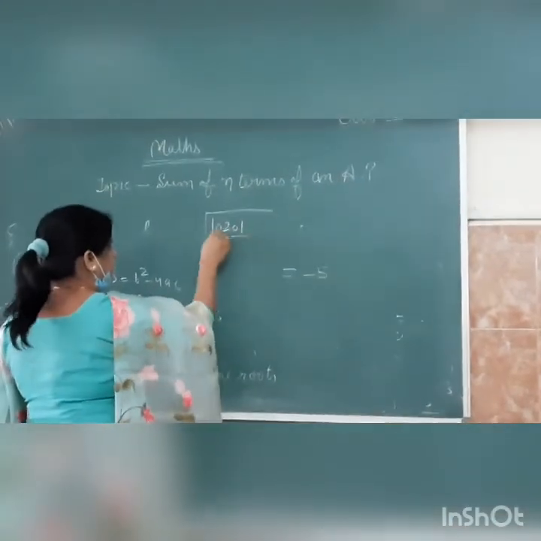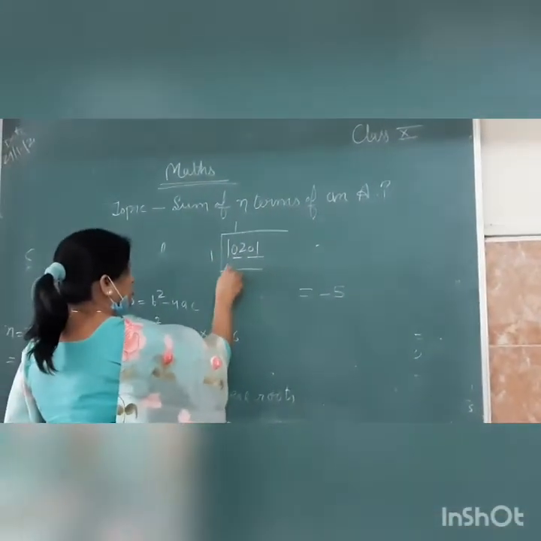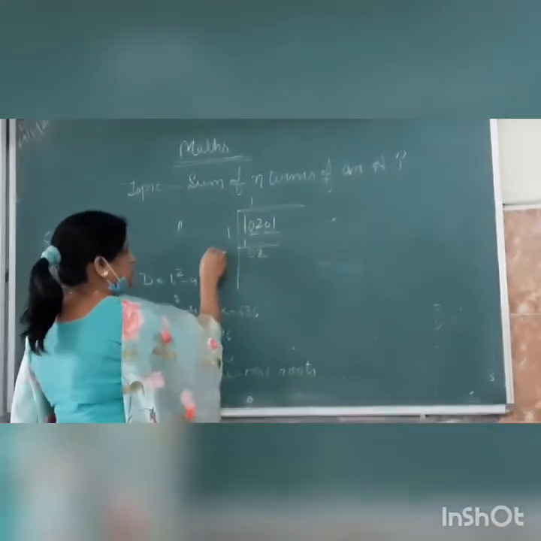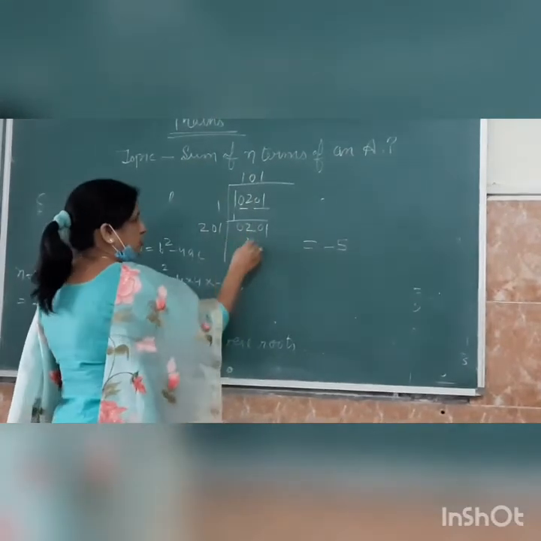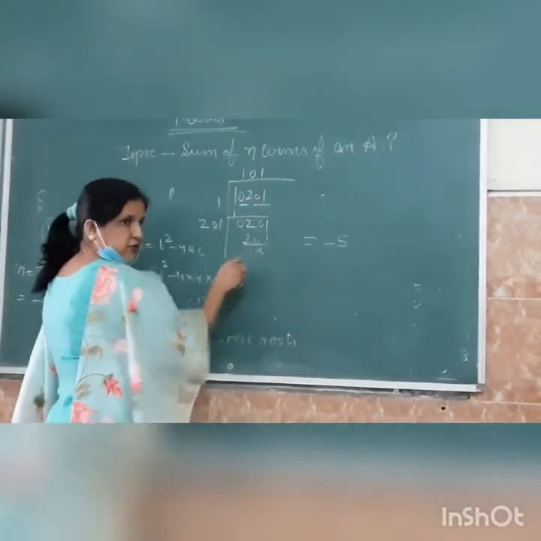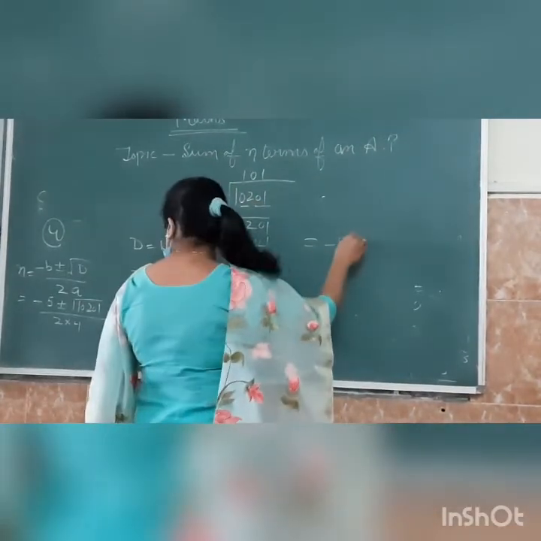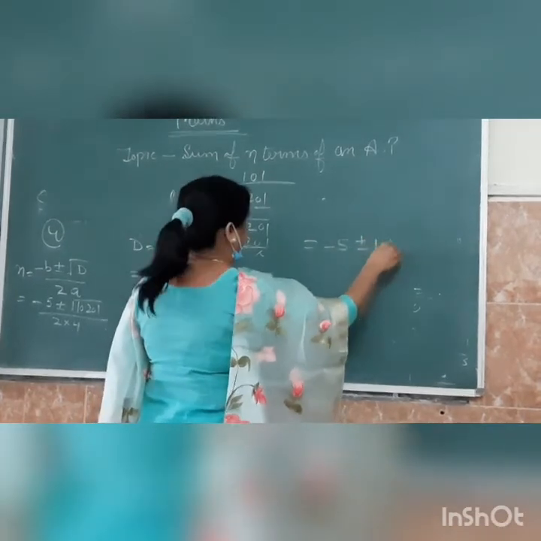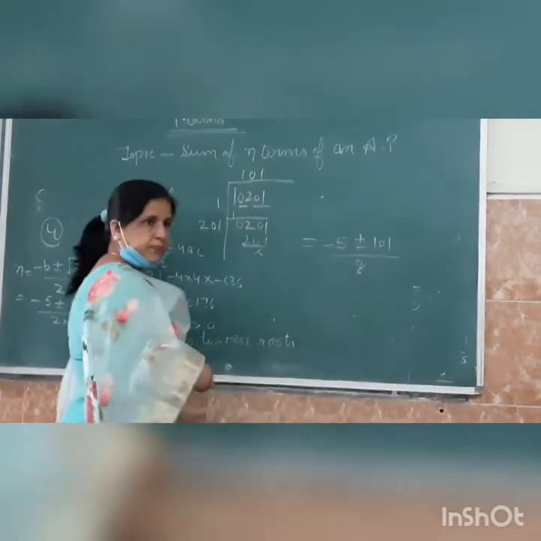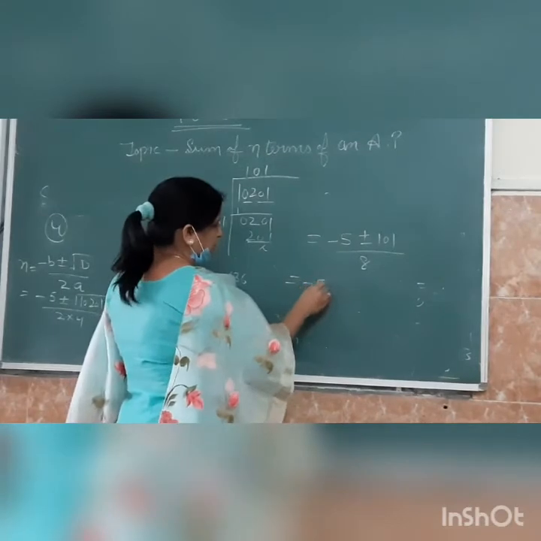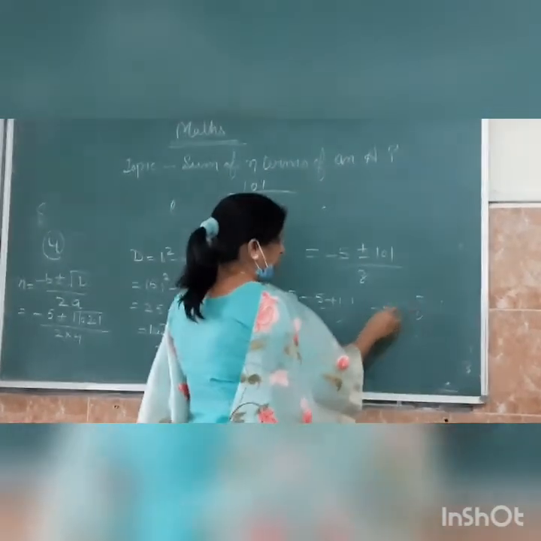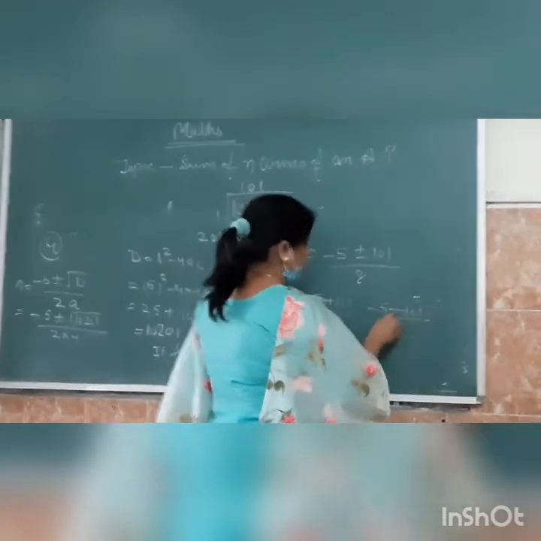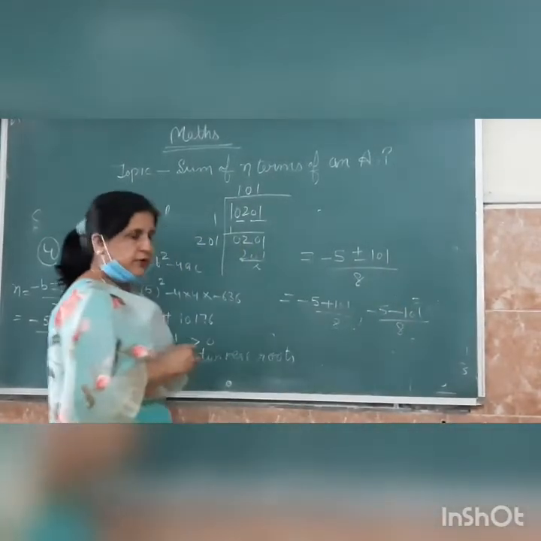How can you find it? 1 is a 1, 0 2, 1 double is 2, here is 0, 0 1, that is 1. Clear today? The square root of 10,201 is equal to 101 over 8. Here are two values: minus 5 plus 101 over 8, and the second is minus 5 minus 101 over 8.